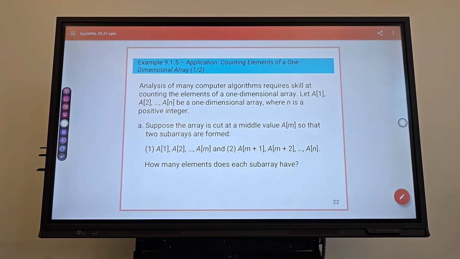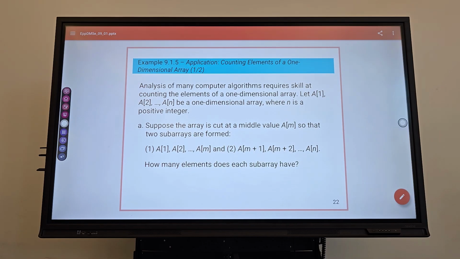Analysis of many computer algorithms requires skill at counting the elements of a one-dimensional array. Let A sub 1 to n be a one-dimensional array where n is a positive integer.